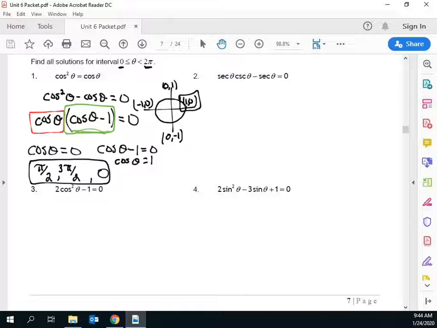All right, on number 2. Again, going back to algebra. What would we do here, guys? How many terms? 2 terms. Do both terms have something in common? Yes, what is it?